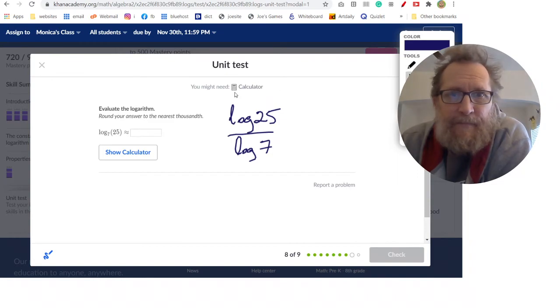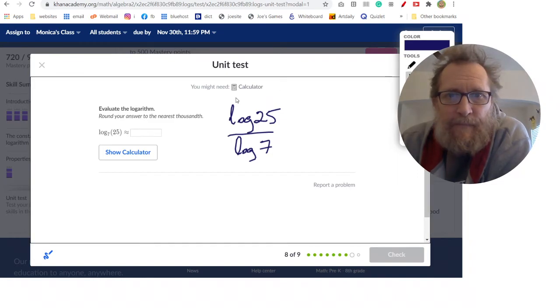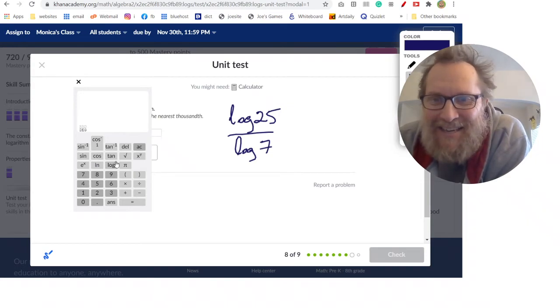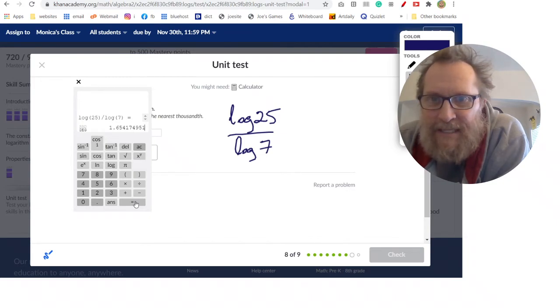You might need to show the calculator. Gee, you'd think I'd know how this thing works by now. Okay, so log 25 divided by log 7 equals... I typed that in right. 1.654.